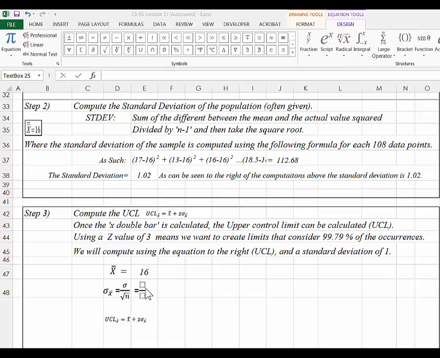So first I have my division equation here that I've inserted, and then up here the standard deviation I know is 1, and I'm going to divide by the square root of n. So I have to go up here, I get my radical sign. Now n is the size of the sample, and in this case the sample size was 9.